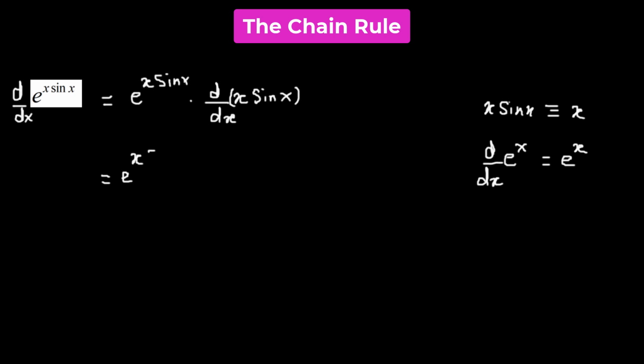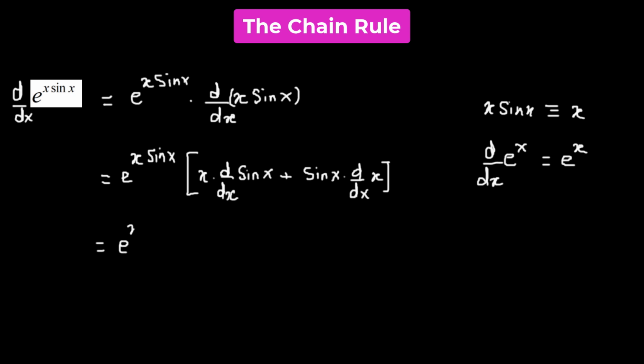So we have e raised to the power of x sine x multiplied by, so we're going to consider x as the first function, so we multiply it by the derivative of the second function, which is sine of x, plus the second function sine of x multiplied by the derivative of the first function, which is x.